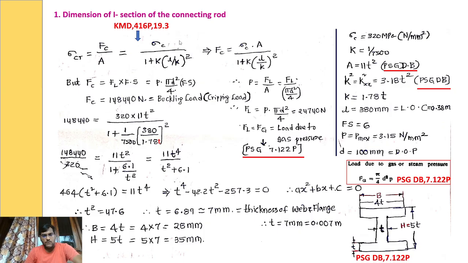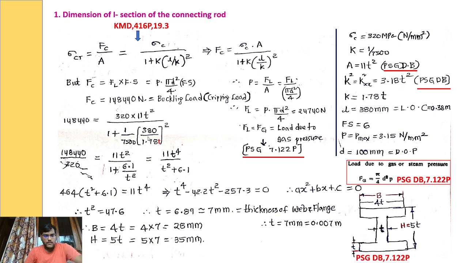Now we can equate the same with the buckling load. So I am substituting here. Then the Fc value, then the sigma C value 320 megapascal and area 11 t square. Then 1 plus k, where k is the denominator constant 1 by 7500. Then L by k, where L is the length of the connecting rod, 380 mm, and small k is 1.78 t.